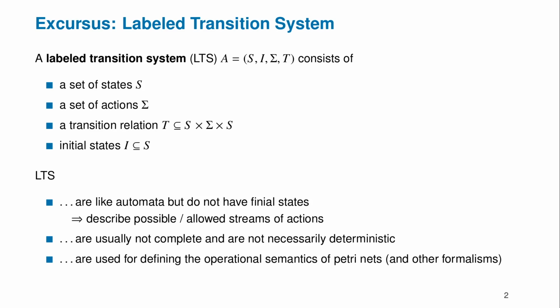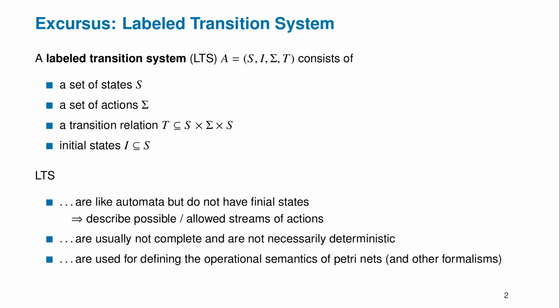Therefore, LTS are usually not complete because then everything would be possible. Instead, they capture only those sequences of actions that are allowed, and they are not necessarily deterministic. As we will see, they are even very often non-deterministic because this provides a very powerful way of modeling.